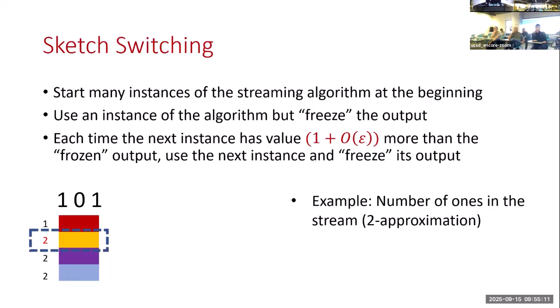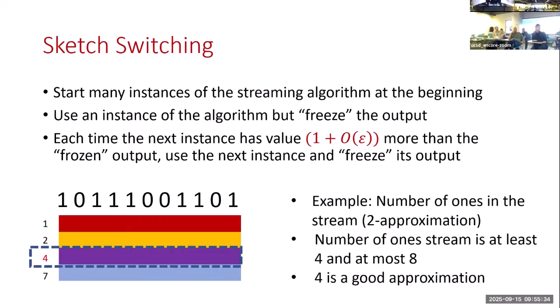Then we'll keep going and update the latter algorithms. So we'll see another update, see 3, but we still don't reveal the randomness of the other algorithms. So on and so forth. Now when we see 4, again, we'll freeze the third algorithm, and we'll keep using that output until the last algorithm outputs 8.